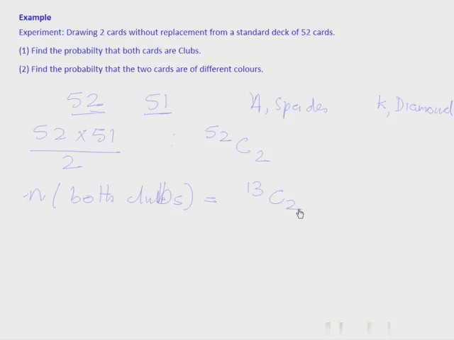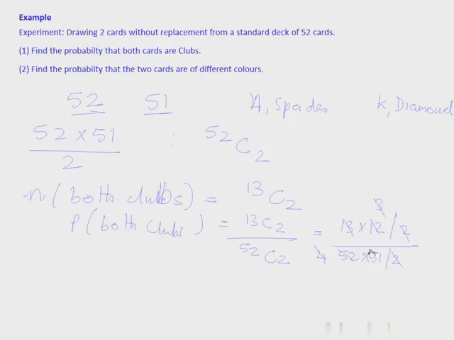So the probability P of both clubs is 13 choose 2 over 52 choose 2. That's 13 times 12 over 2 over 52 times 51 over 2. It's 1/4 times 12/51, which is 1 over 17. So there is a 1 in 17 chance that both the cards are clubs.